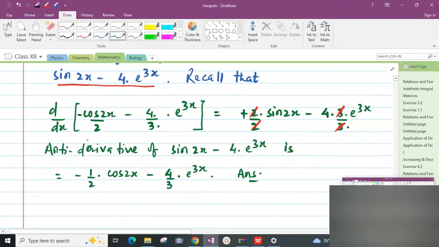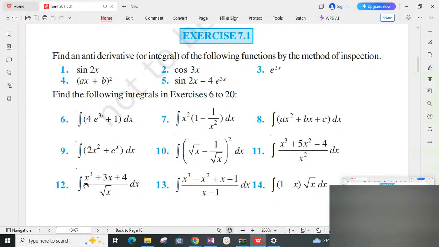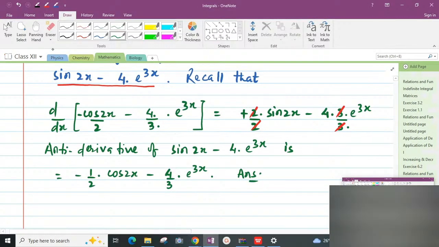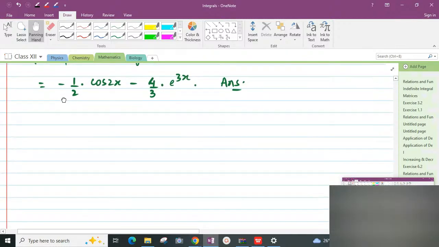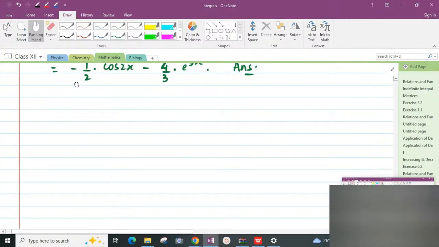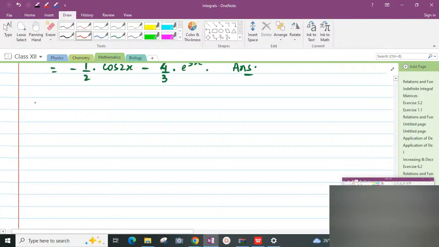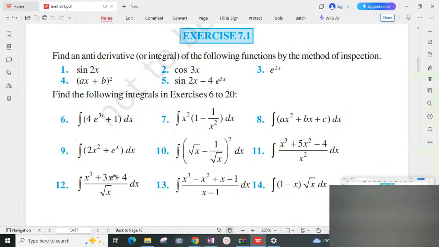Let's see the next question, which is question number 6. Find the following integrals in exercise 6 to 20. Let's see the first question: integral 4 into e to the power 3x plus 1 into dx.